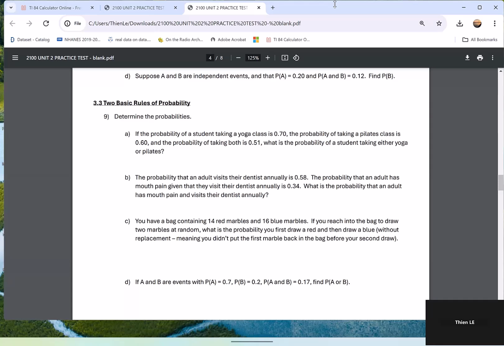From that, you can calculate P(A and B) by using the multiplication formula, just using 0.58 times 0.34 here. So let me just show you the solution here.